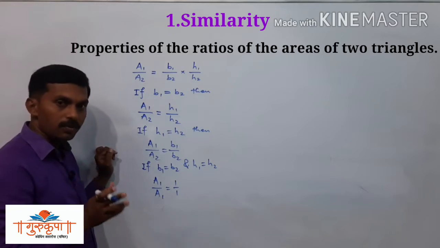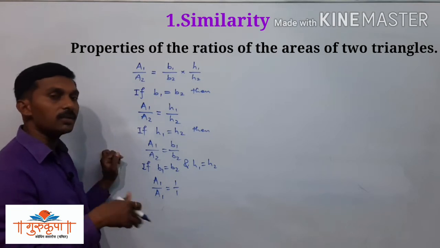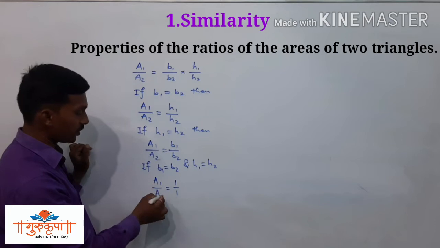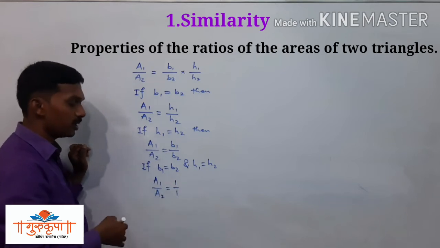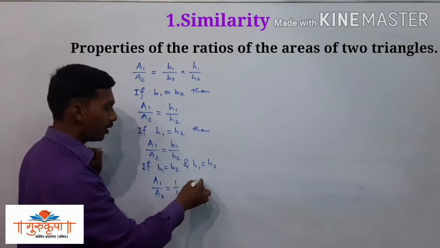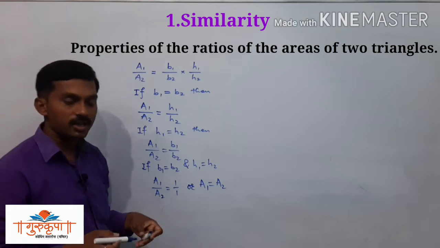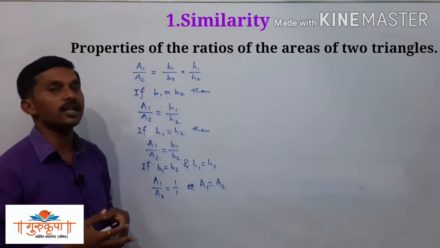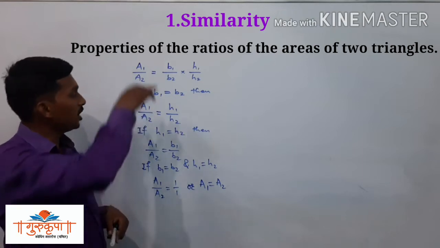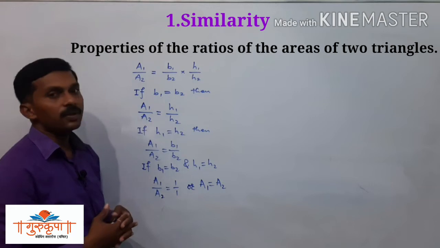The ratio of the areas of two triangles having equal heights and equal bases is 1:1, that is A1 upon A2 is equal to 1:1, or simply you can write A1 is equal to A2, that is both the areas are equal. Since the bases and heights are equal, their areas are also equal. So these are the properties which we studied in the previous video lecture.